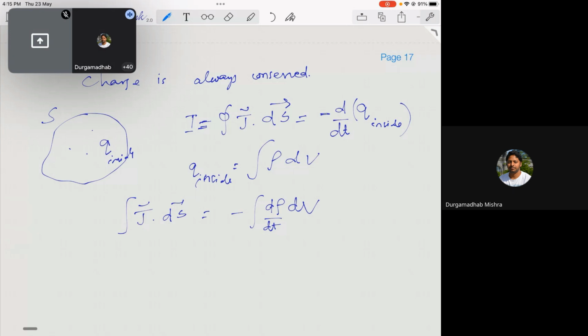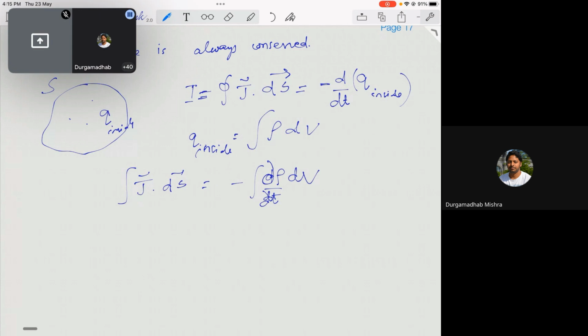We will write it as a partial derivative, in fact, not the proper derivative, because the charge density is a function of both space and time, so it can change as a function of space and time. That's why I'm taking the partial derivative.